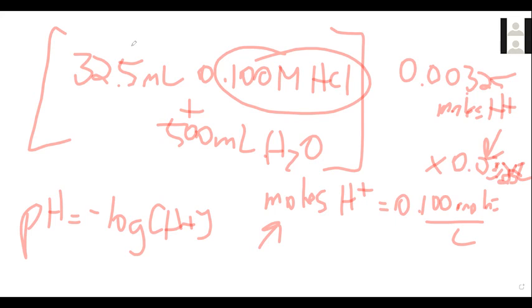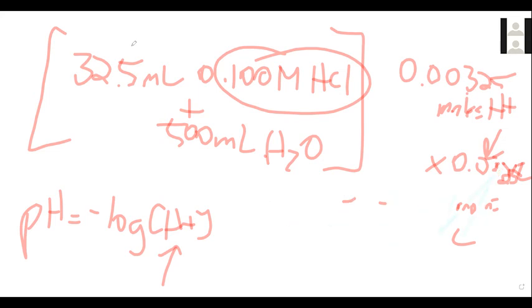But I need the concentration. The number of moles isn't going to help me. So what's my final concentration going to be? What do I multiply this by to give me a concentration?